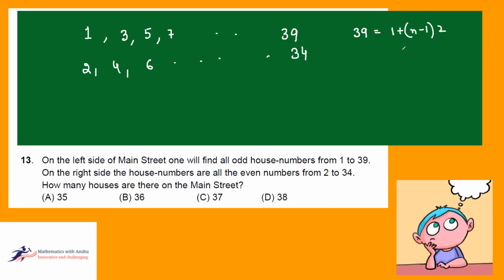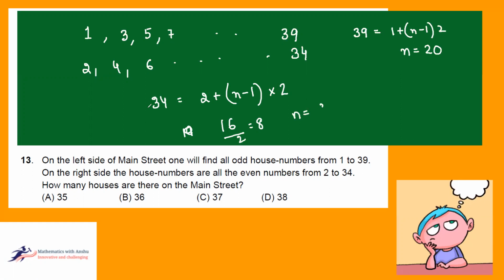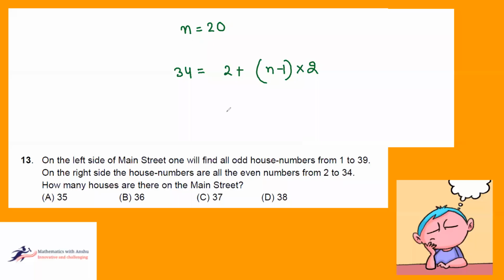If you solve, n will be 20 for the first. For the second, 34 equals 2 plus n minus 1 d, so 32 equals n minus 1 by 2, so 16 equals n minus 1. So n equals 17.